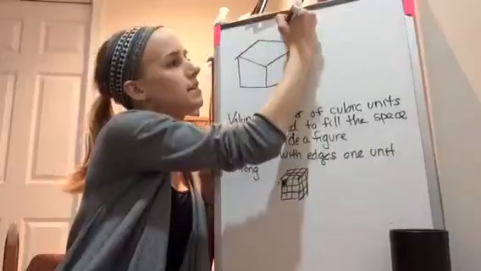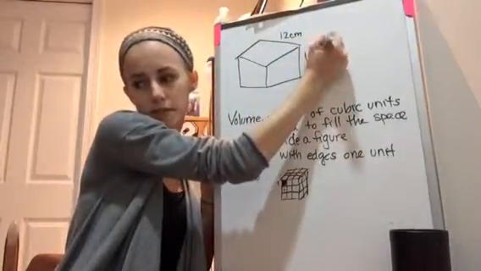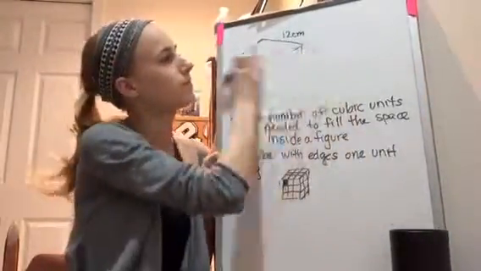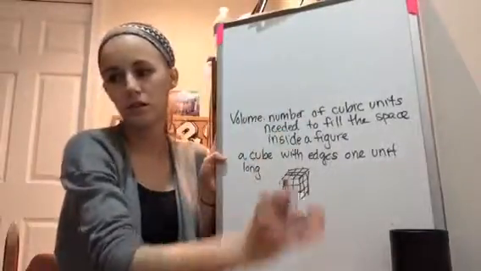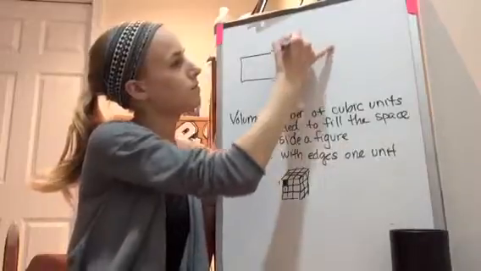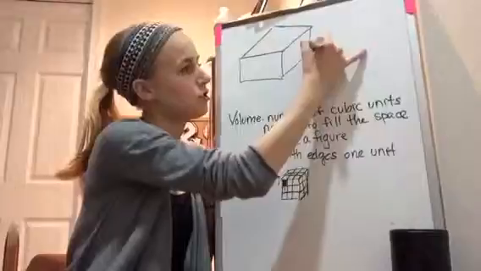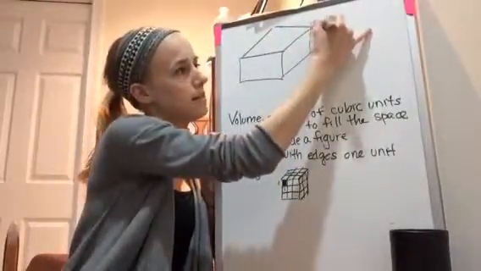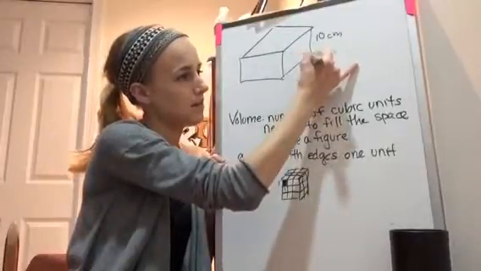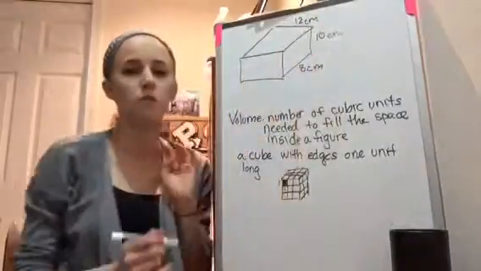Let me draw it so it matches more like the picture. I don't know if that changed all that much, but it's got 10 centimeters in height. Okay. The length is 8 centimeters and the width of it is 12 centimeters. So they want to know what is the volume.